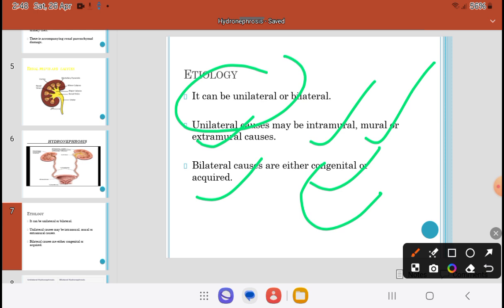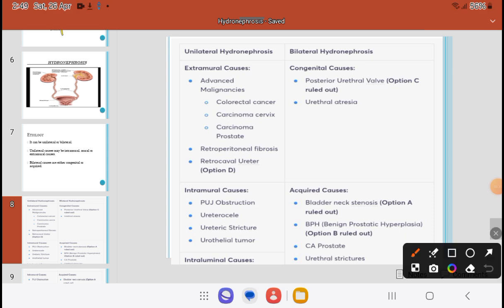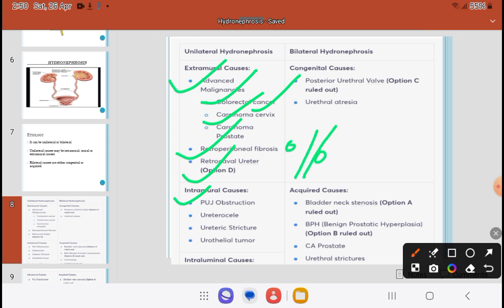Let's focus on unilateral hydronephrosis. In unilateral hydronephrosis, first are the extramural causes. In this case, there is advanced malignancy like colorectal cancer, cervical carcinoma, and prostate cancer, and others like retroperitoneal fibrosis and retrocaval ureter. The intramural causes include pelvic-ureteric junction obstruction, meaning obstruction occurs at the level of the pelvis and ureter, called an intramural cause.